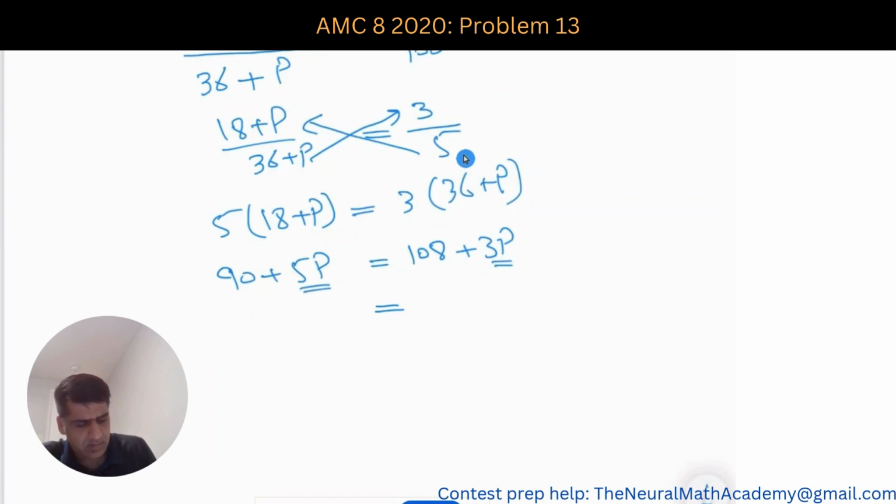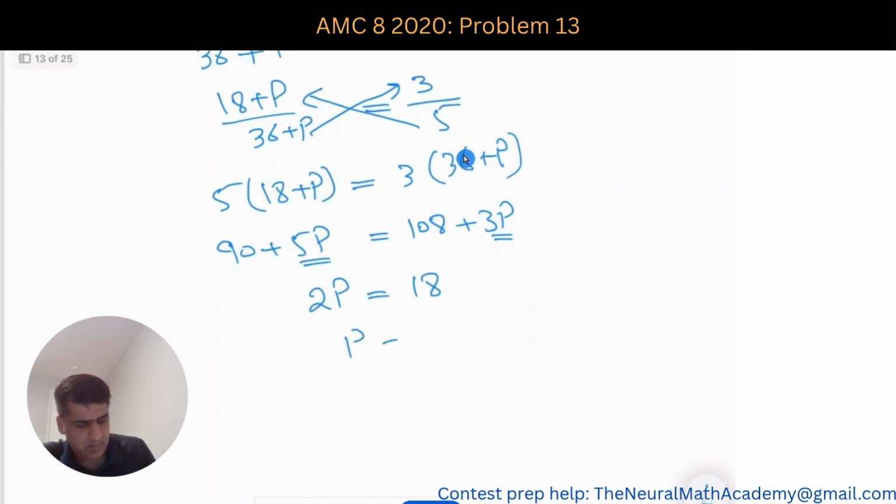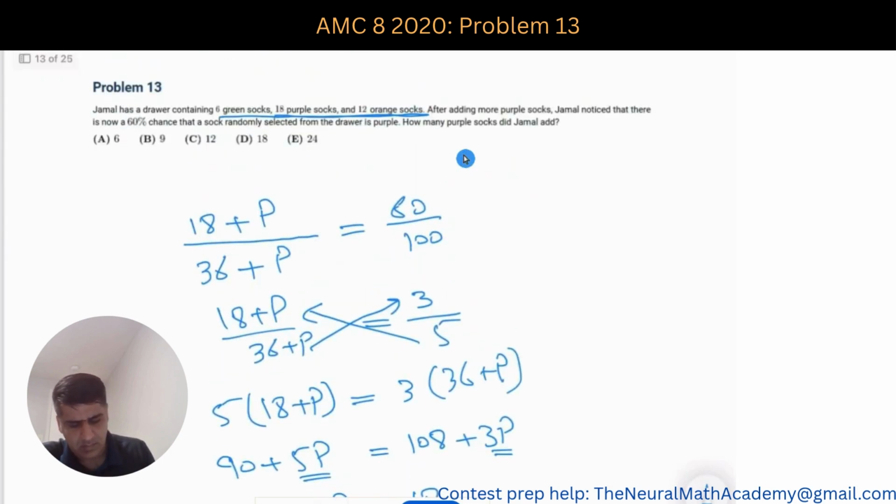And then we can collect the like terms on one side of the equation. So we get 2p equal to 18 and p will be equal to 9. So the answer is then B for this problem.